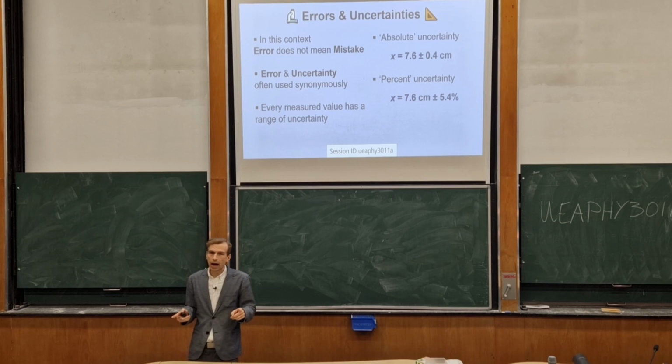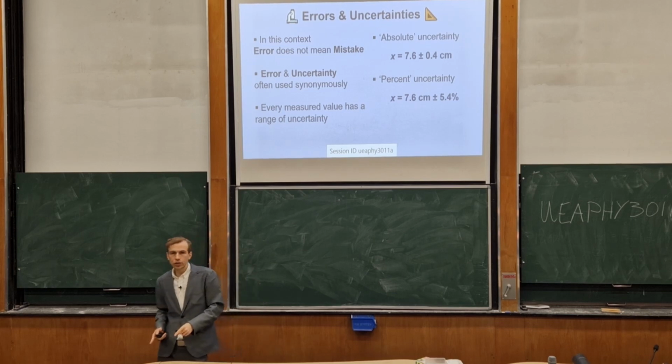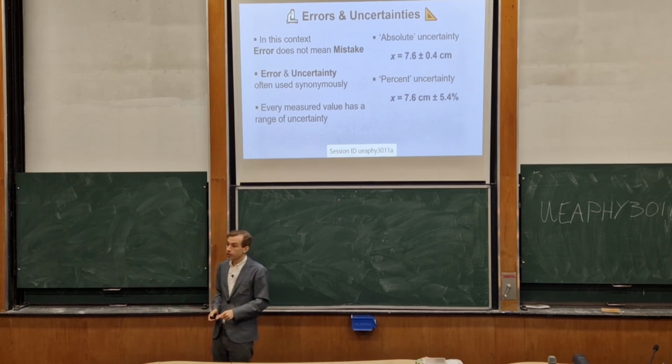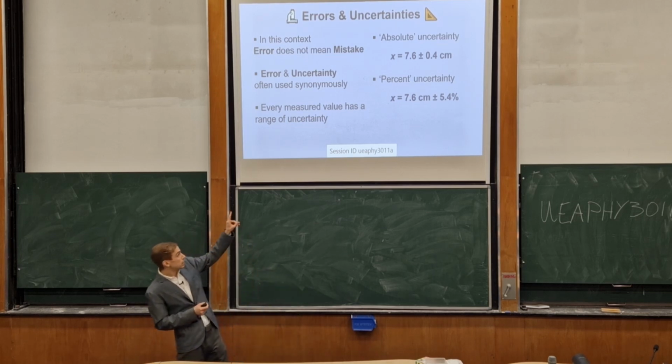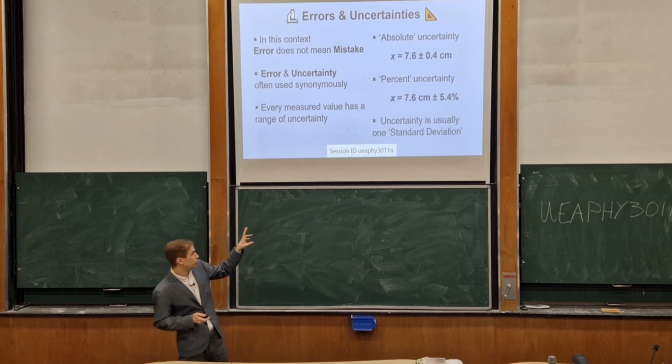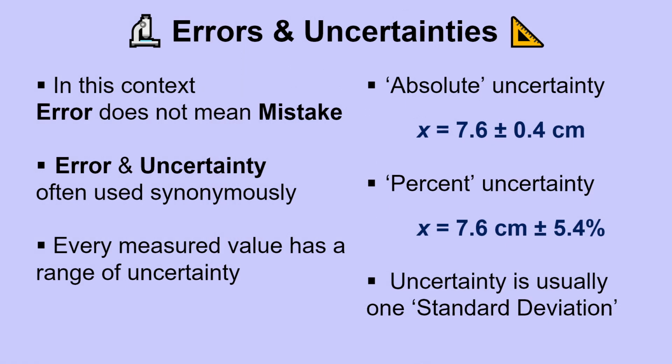How many of you have done standard deviations before? Maybe in science, math, statistics? Oh, okay, I guess that's maybe a bit more than half. So if you've done standard deviations before, usually these uncertainties will be one standard deviation. That's what they mean. Sometimes the uncertainty, the thing that you say is plus or minus, might represent more than one standard deviation.